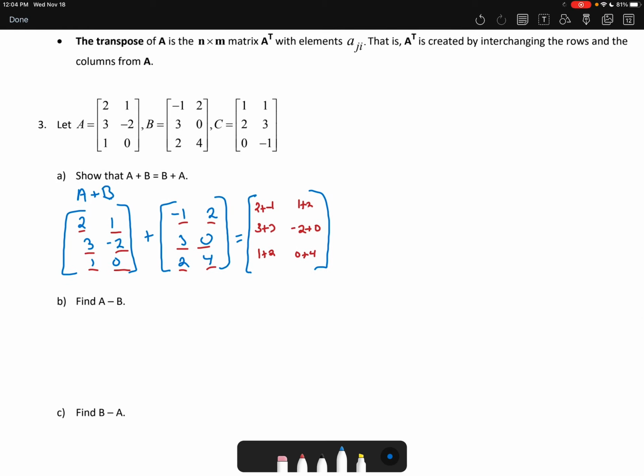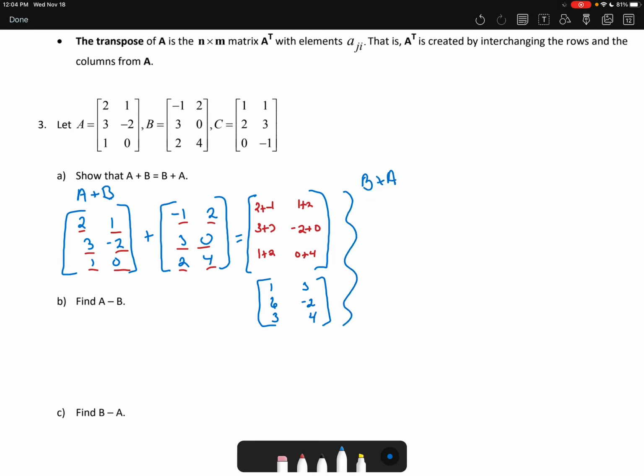I'm going to drop down below to give that final solution because I can make it a little bit smaller now. So 2 plus negative 1 is 1, 3 plus 3 is 6, 1 plus 2 is 3, 1 plus 2 is 3, negative 2 plus 0 is negative 2, and 0 plus 4 is 4. So there is A plus B.